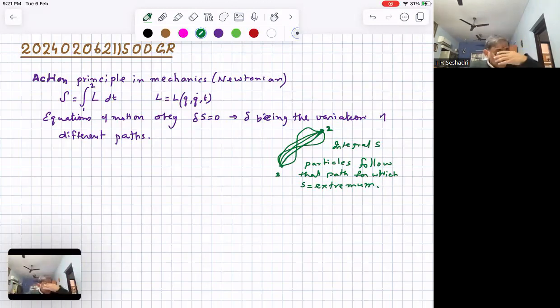Now, for a free particle, what I need is that this Lagrangian has to be a scalar quantity.